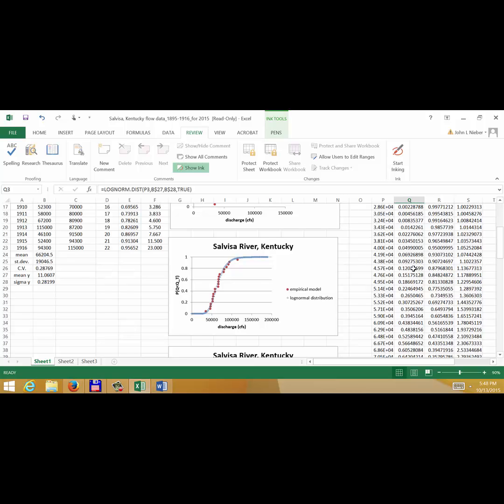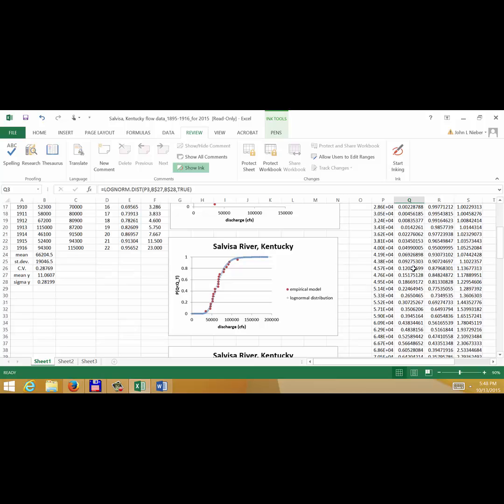Here we see superimposed the empirical model from the graph immediately above, shown by the red dots, and the blue squares are the values of Q plotted against P for the log normal distribution, from the numbers in columns P and Q.